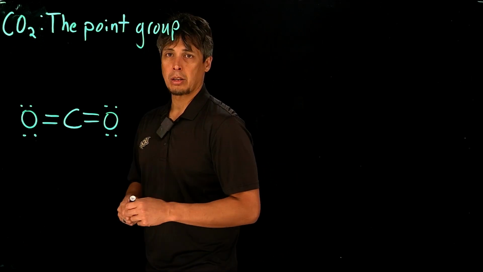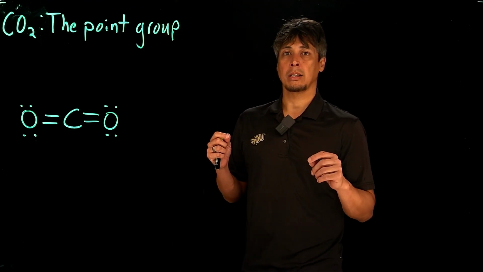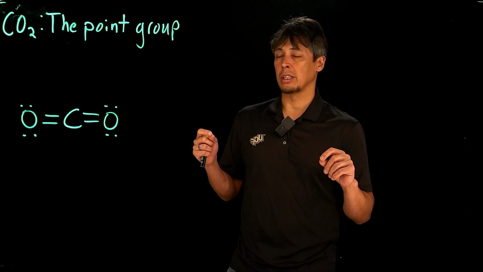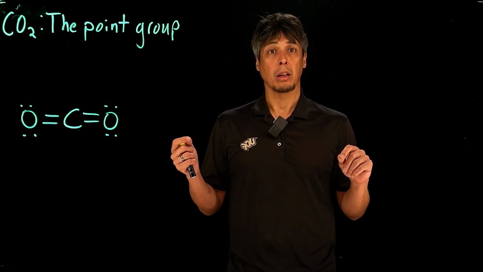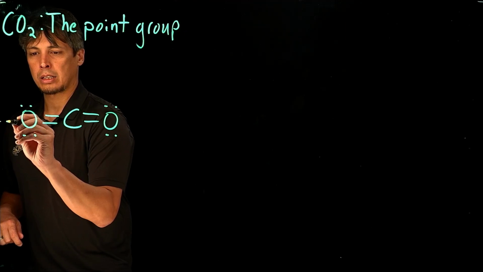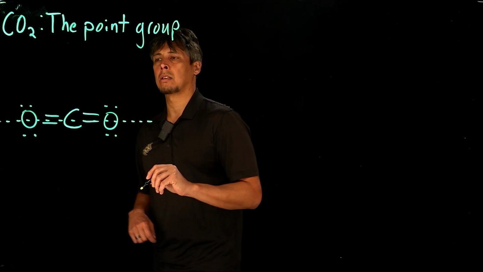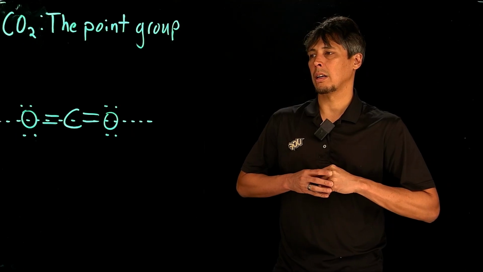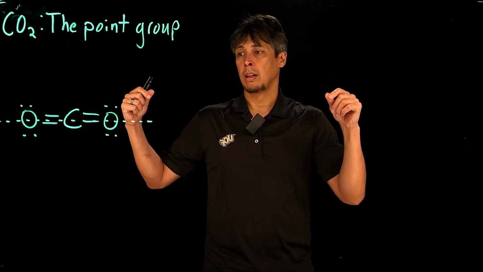The first one we're going to look for are rotational axes. Rotational axes are axes on which the molecule can be rotated without changing the nature of the molecule. For instance, we can draw an internuclear axis down the center of the nuclei of the oxygen, carbon, and oxygen atoms, and we can think about rotating the carbon dioxide along this axis.